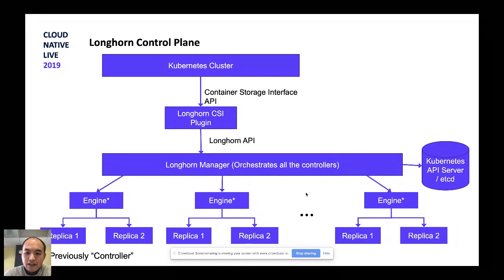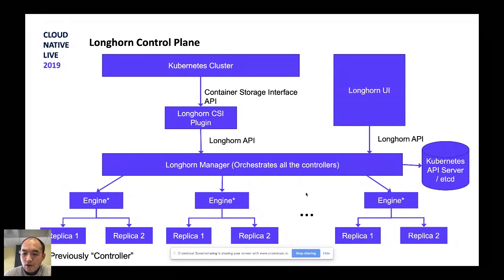CSI is the Container Storage Interface, which is the standardized spec for container orchestrations like Kubernetes, Docker, and Mesos. They're all going to follow this standard. So the Longhorn CSI plugin will talk to the Longhorn manager through the Longhorn API and perform the necessary work.